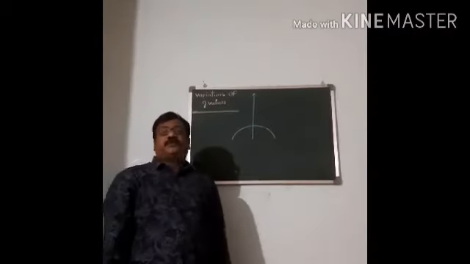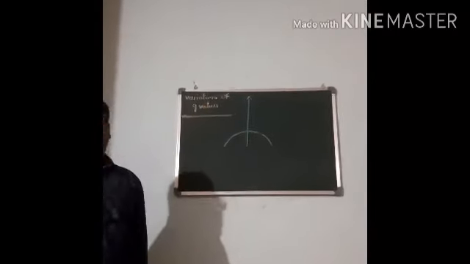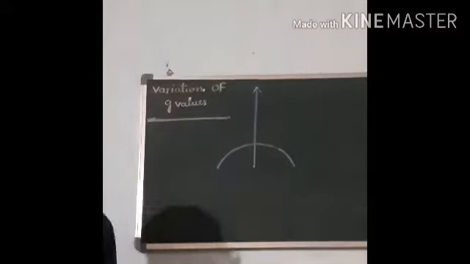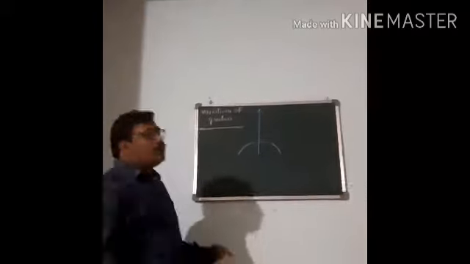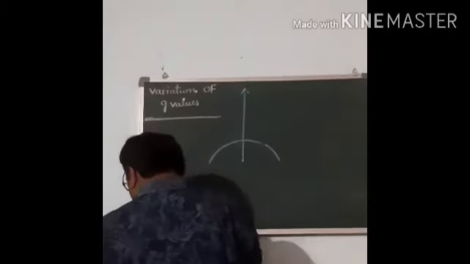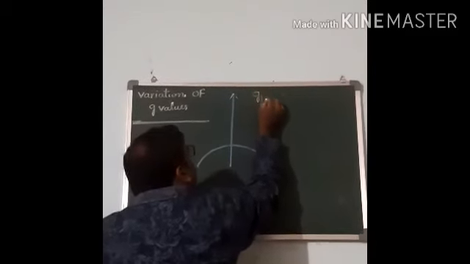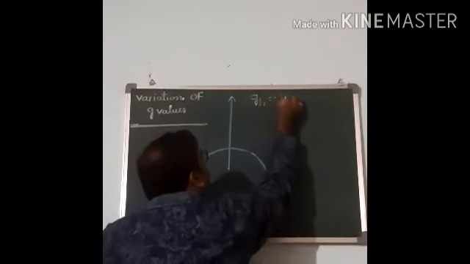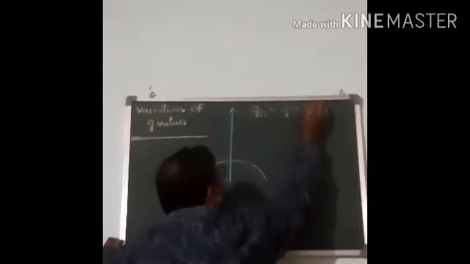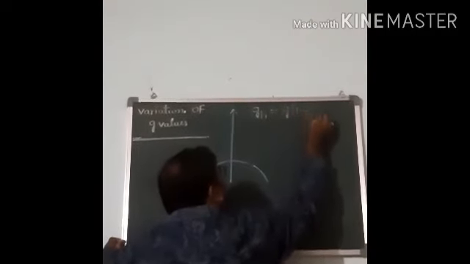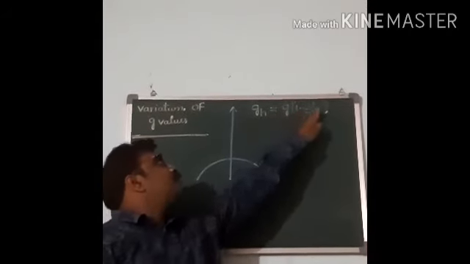Now the variation of g values, that is acceleration due to gravity, whenever an object is projected to a particular height. At a particular height, the acceleration due to gravity has one formula: gh equal to g into 1 minus 2h by r.